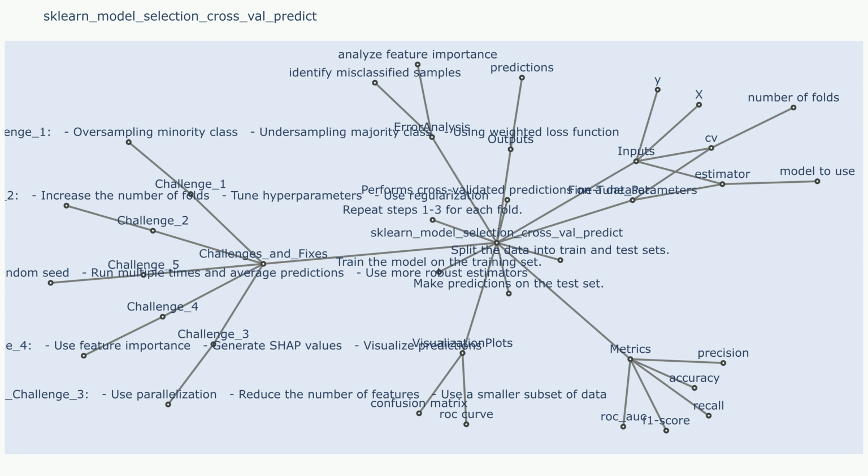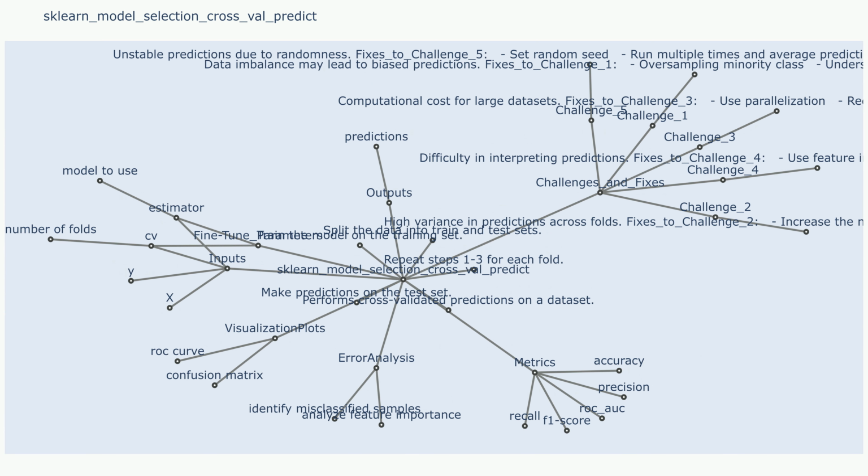It should be a 2D array where each row represents a data point and each column represents a feature. Y. This is the target variable or labels. It should be a 1D array with the same length as the number of data points in X. This can be a continuous variable for regression models or a categorical variable for classification models.